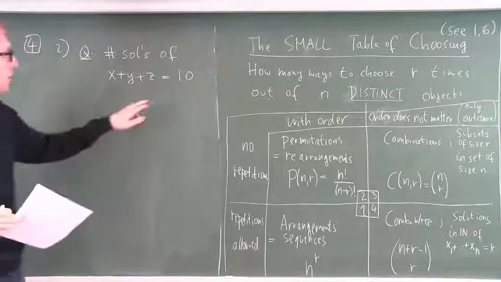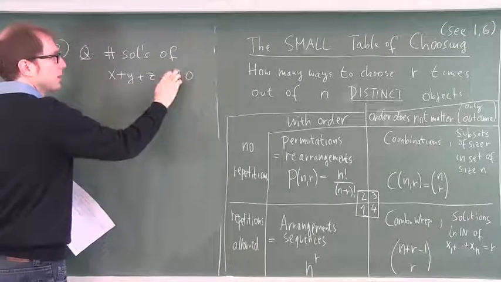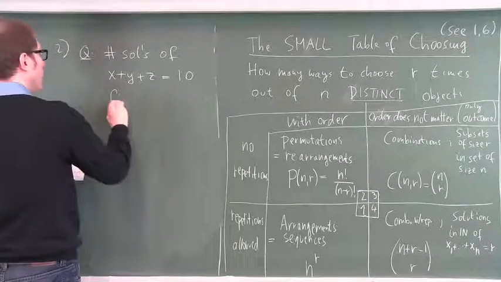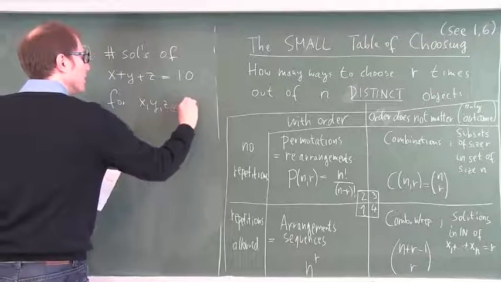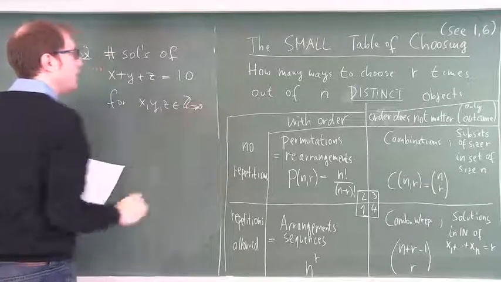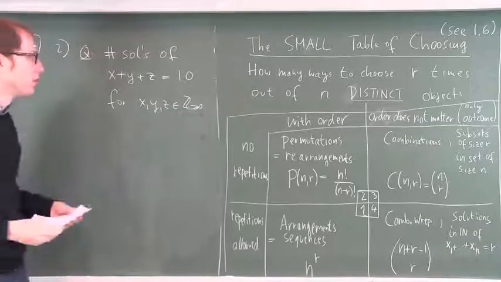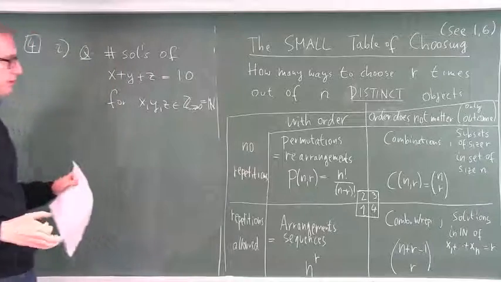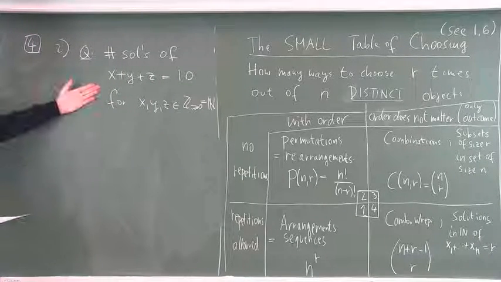I often write it just like this, so I hope this doesn't confuse people. What does this mean? These are all the integers greater than or equal to 0. So often you can think about them as the natural numbers. So we have to solve this problem.